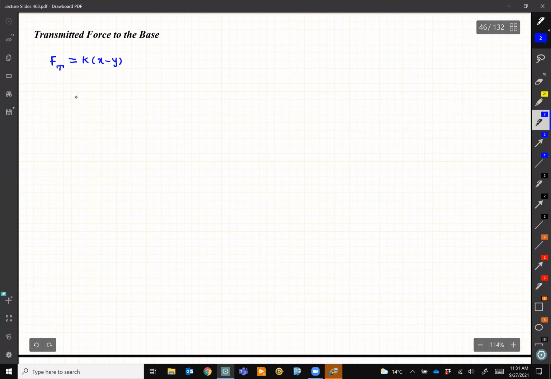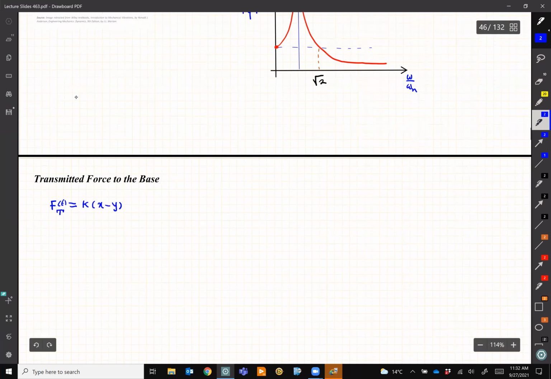So that's the force. And we know it is a function of time, because these x and y are functions of time. You guys agree? So let's move back again.